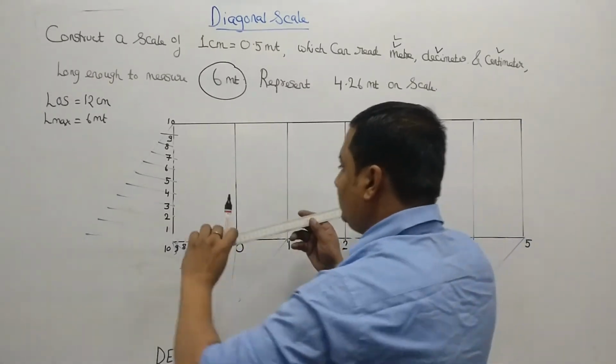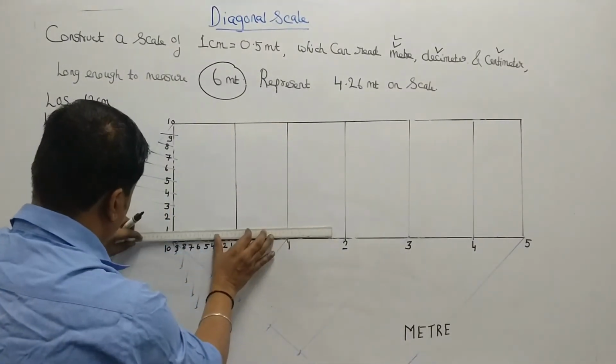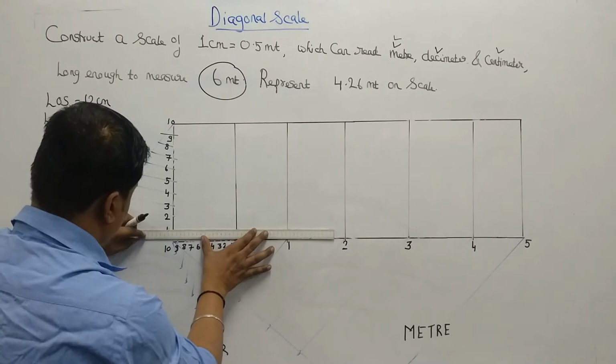Next, draw the horizontal lines from these vertical divisions.